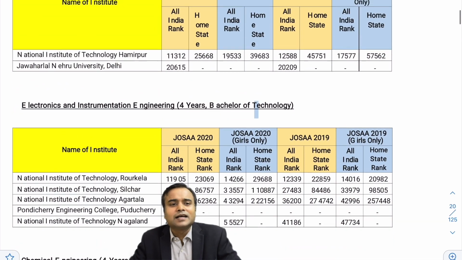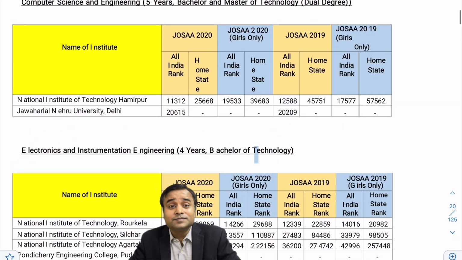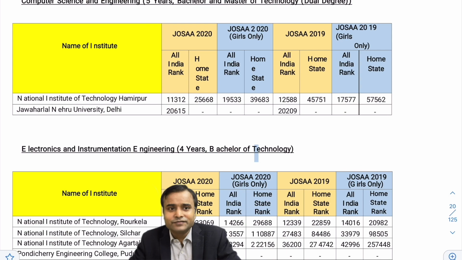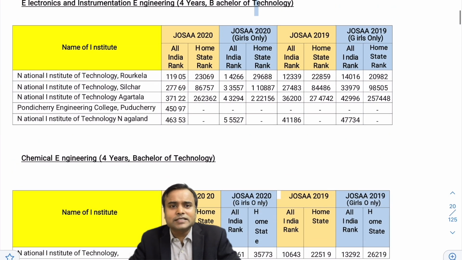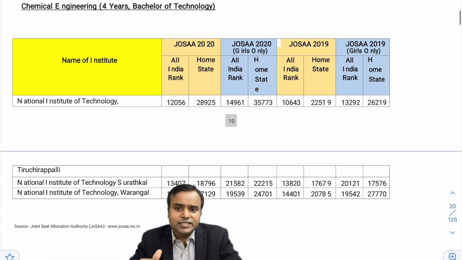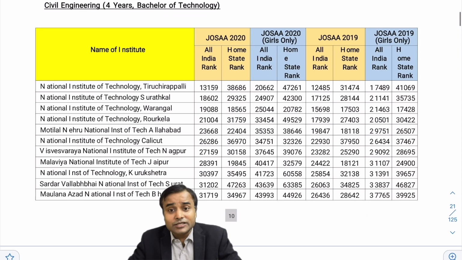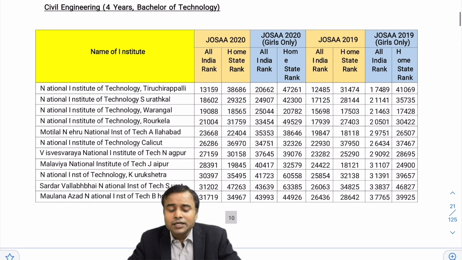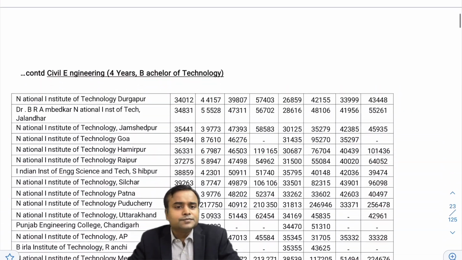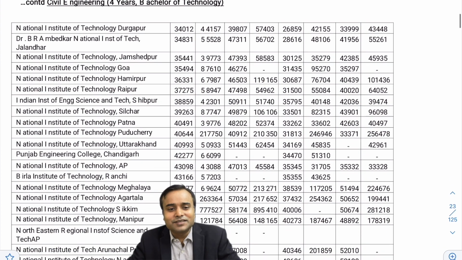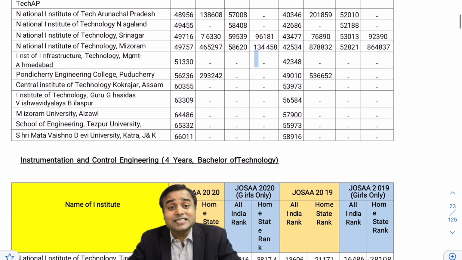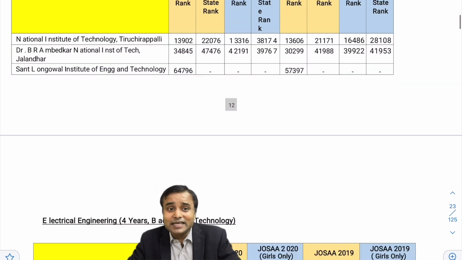NIT Hamirpur, also computer science, 5-year. Electronics and instrumentation engineering, also called E&I, is also a good branch. It comes in the category of EC. Here is civil engineering, in all NITs. Instrumentation and control.